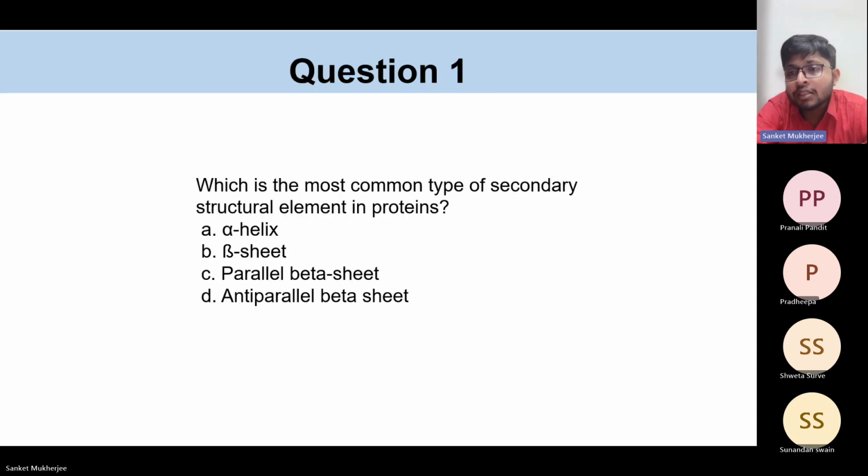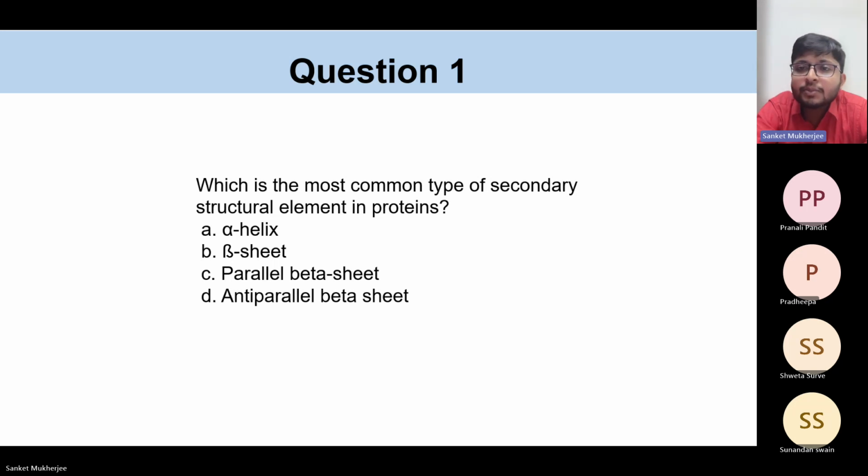So let's answer a few questions. Since this is an interactive session, I would expect that you all give some answers. Let's see if you can do it. I'll give you a couple of minutes for each question. The first question is, which is the most common type of secondary structural element in proteins?